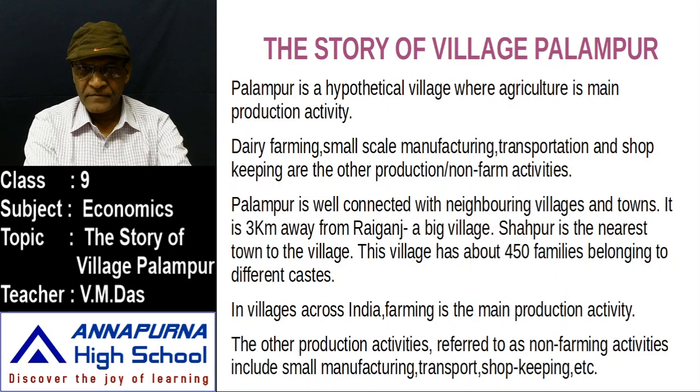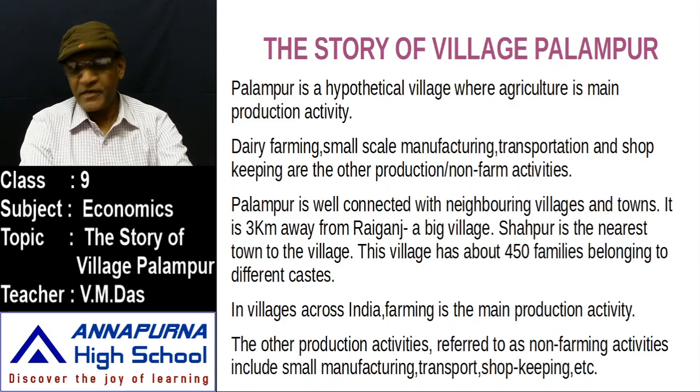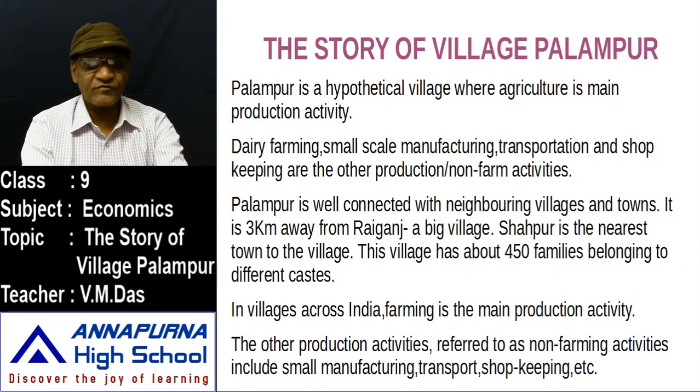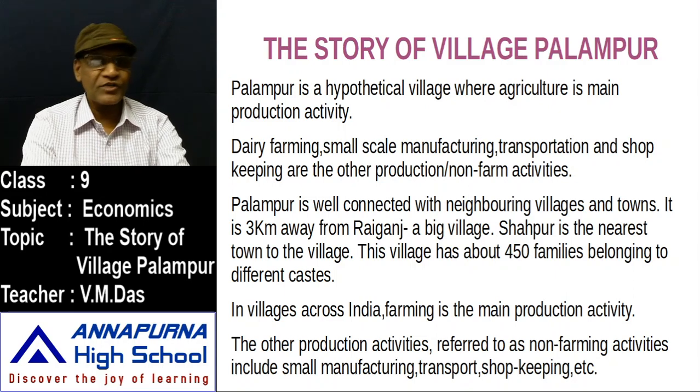Of them, 80 families belong to the higher caste, and the majority of the land in this village is in the hands of these 80 families. Besides that, one third of the population belong to the SC community or Dalits.